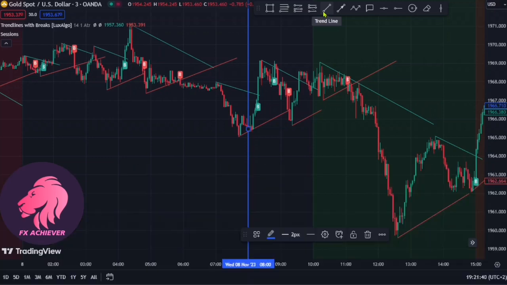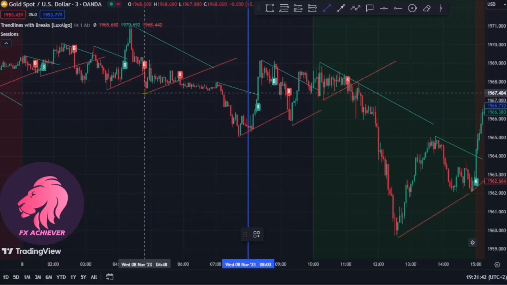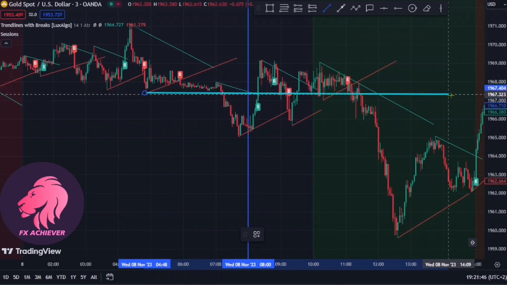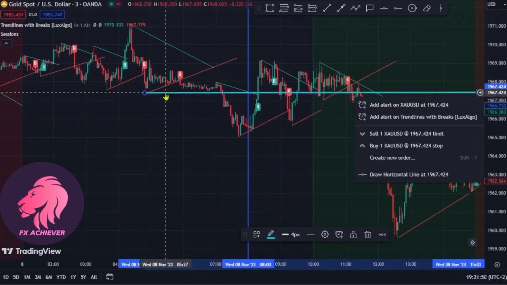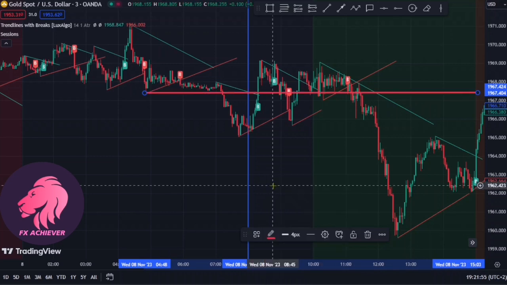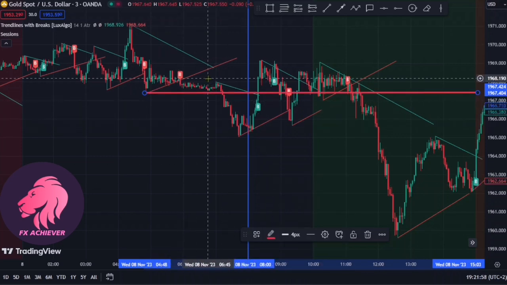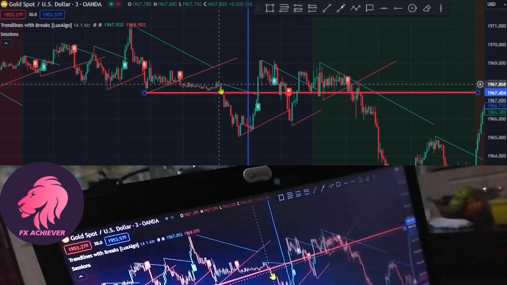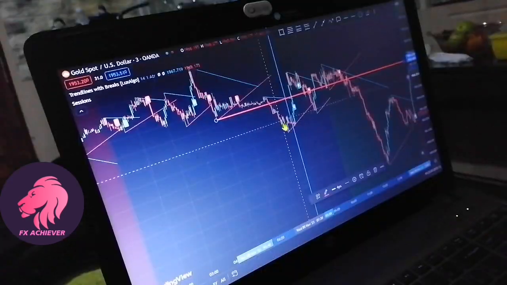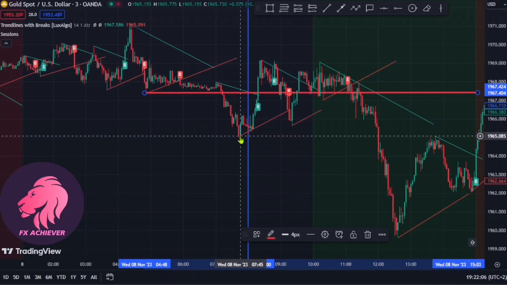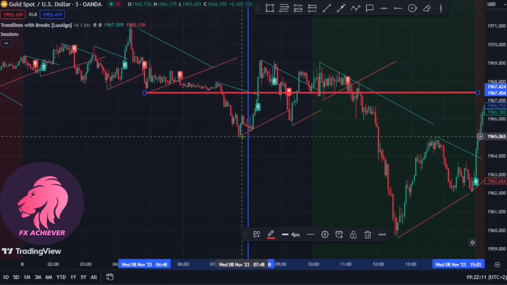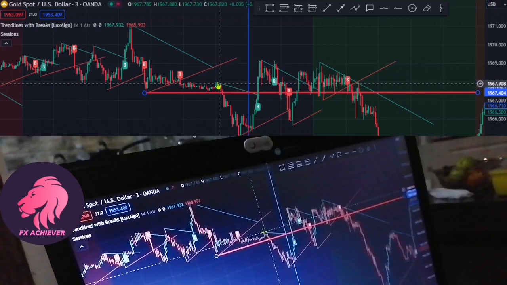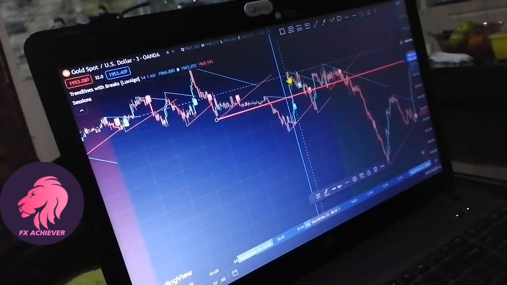But what I usually do is I mark the lows which were before my trading session, and I usually like marking my lows in red, especially the ones which were recently broken, because this one was recently broken. And then as it got broken, price went up again, and it actually went to take some liquidation.